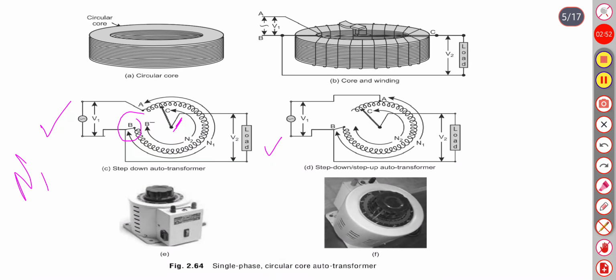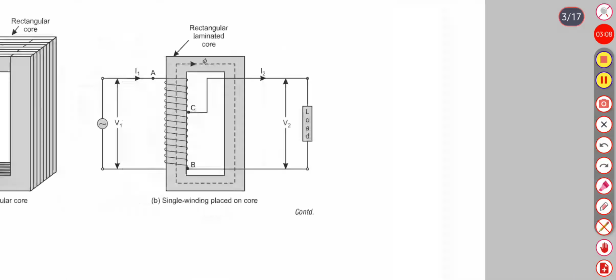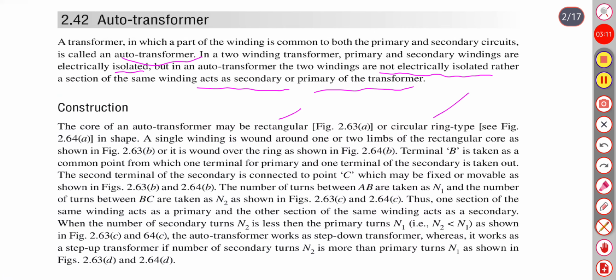So the secondary winding number of turns may vary from 1 to N1, where N1 is the number of turns of the primary winding. The second terminal of the secondary winding is connected to point C, which may be fixed or movable.